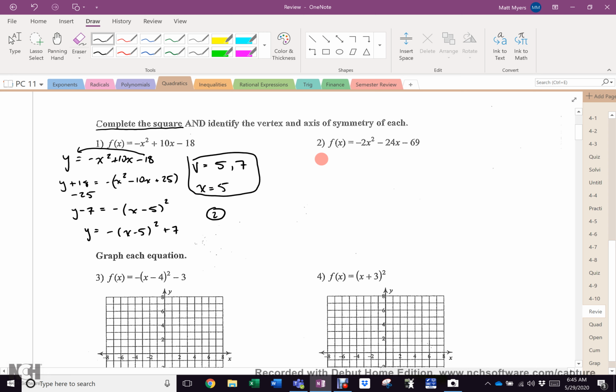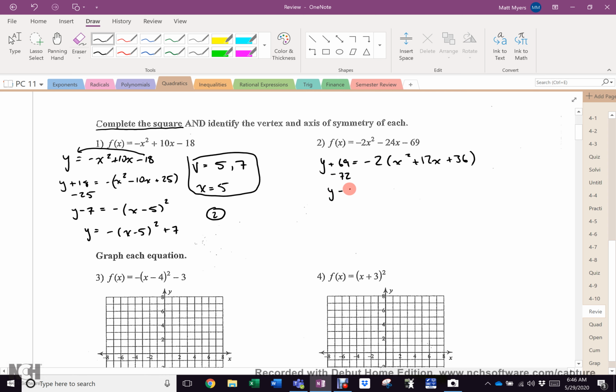Same thing over here. Y plus 69 equals negative 2 x squared plus 12x plus 36, half of that squared. So I added negative 2 times 36, which is negative 72.